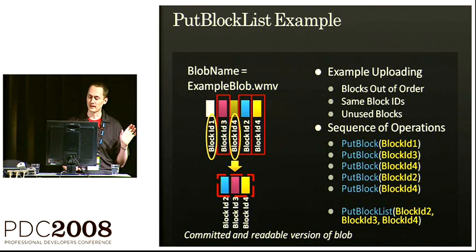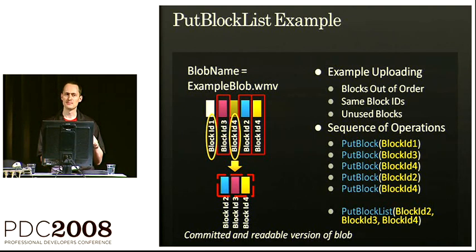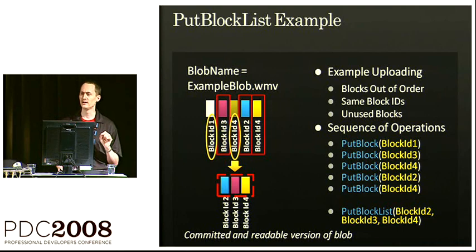And what happens here is that when you do your put block list, these blocks become disassociated with the blob, and they're garbage collected. So what that means is that if you actually wanted to use put block ID 1 again in another put block later, you have to upload it again. Okay? So I hope that gives you an example of the details of the different semantics of uploading blocks and committing them as part of a put block list.